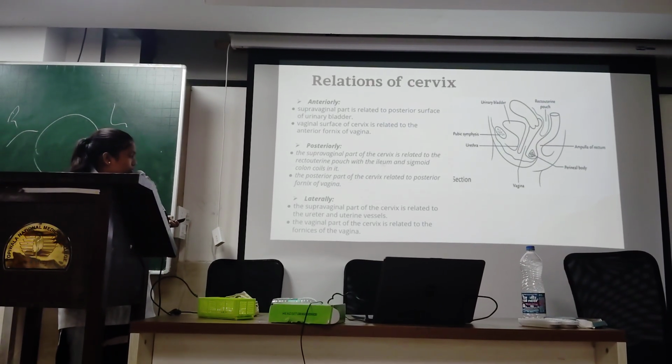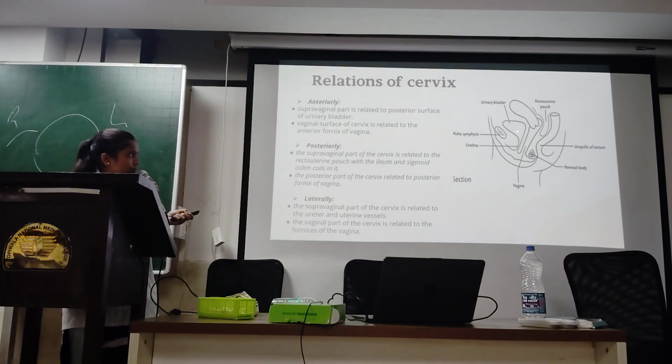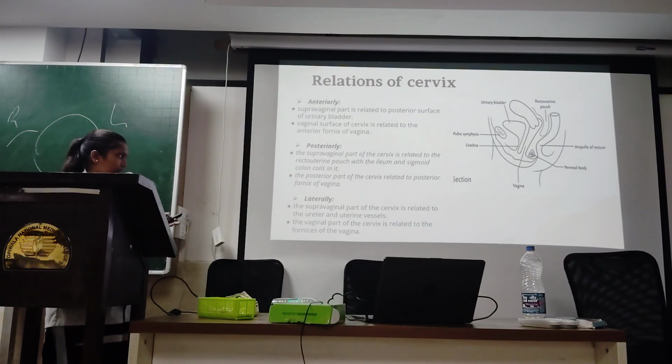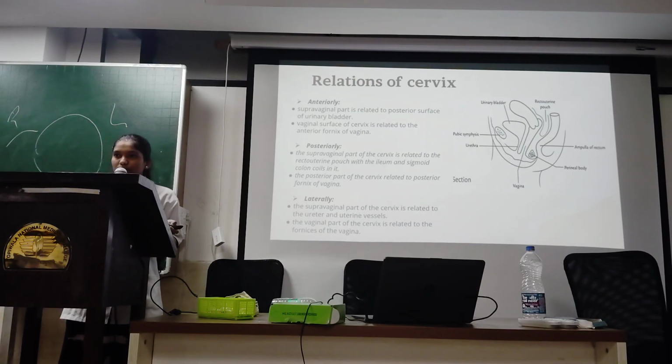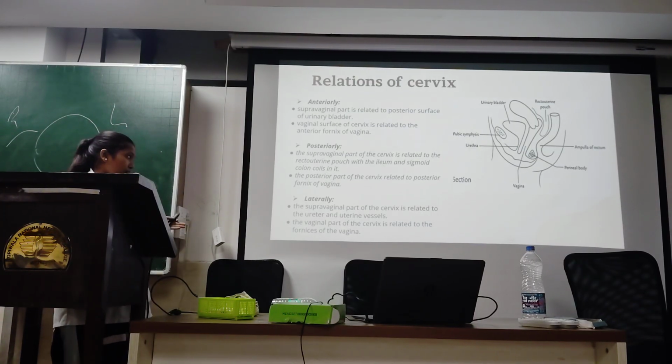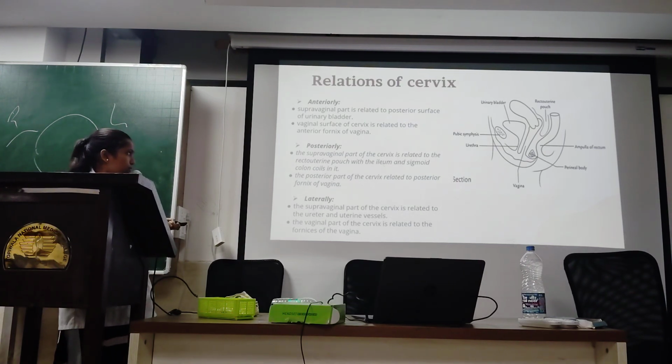Posteriorly, it is related to the rectouterine pouch, and the vaginal part is related to the posterior fornix of the vagina. Laterally, the supravaginal part is related to the ureter and the uterine vessels, and the vaginal part is related to the fornices of the vagina.